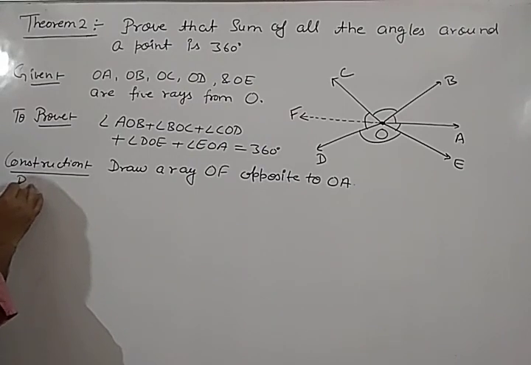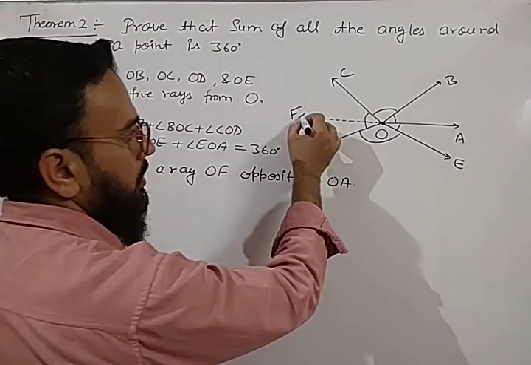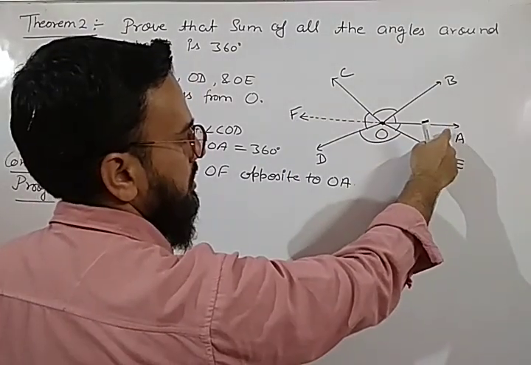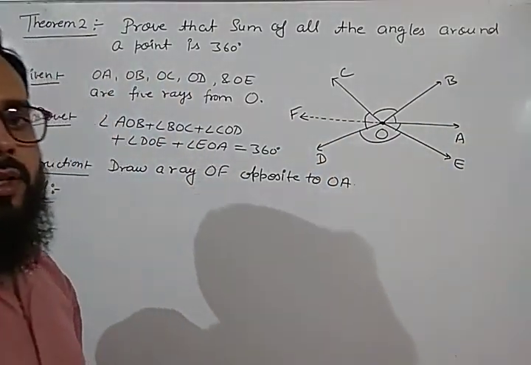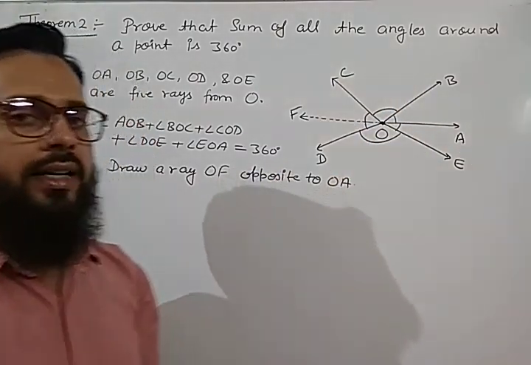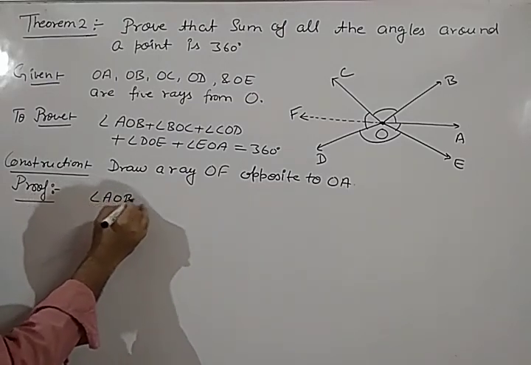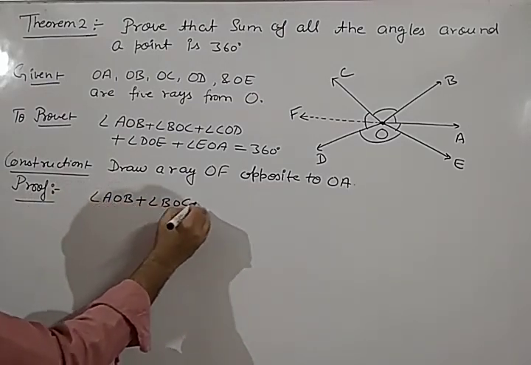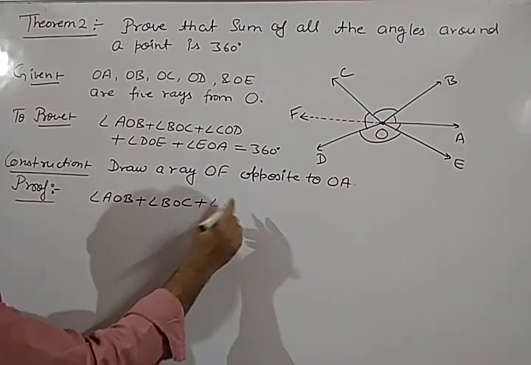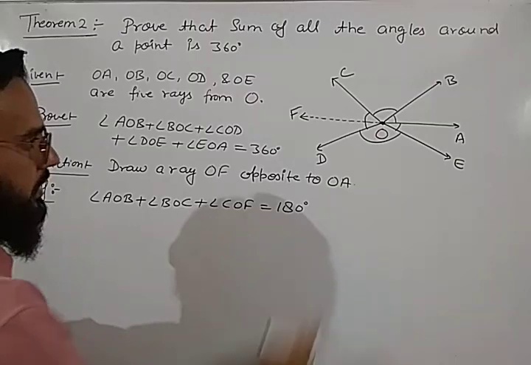Now we are coming to proof. So what will be the first statement? Now we have got a straight line. We can consider AF as a straight line, and we know that the sum of all the angles on a straight line is 180 degree. So we can write angle AOB plus angle BOC plus angle COF is equal to 180 degree.